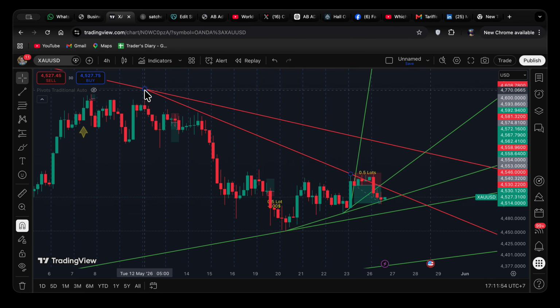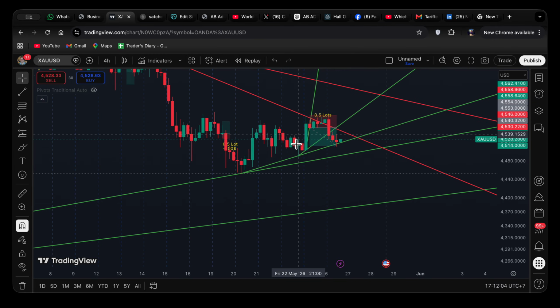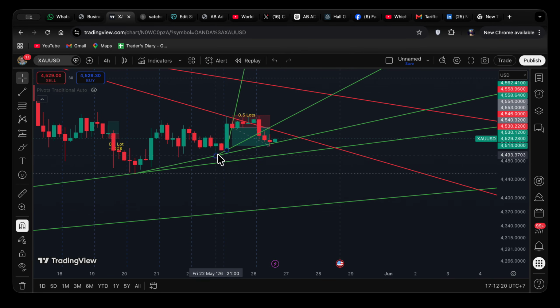the 12th of May to yesterday, 25th of May, and the ascending trend line, the latest touch point was touch point 1 Friday night, and on Monday at market open is the second touch point.